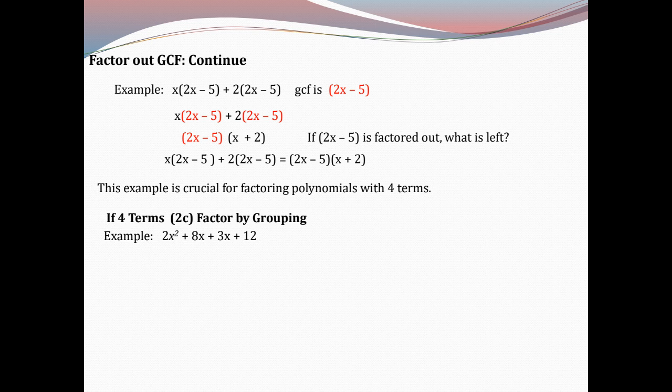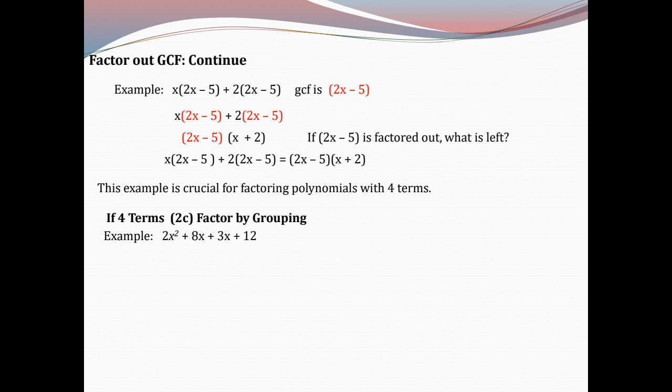And the best way to factor by grouping is to always just cut these 4 terms in half, 2 on one side and 2 on the other. Now sometimes it's good to rearrange them to help us factor, but you do not have to do that. If you just cut it in half, factoring by grouping will always work.